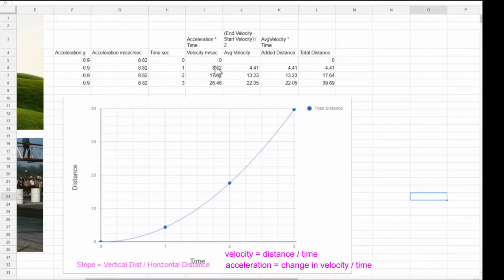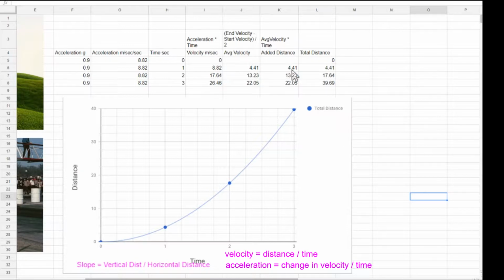And if we look at the velocity at the end of each time interval, you can see what happens. It starts out at 0, and then over 3 seconds, it increases to roughly 26.5 meters per second. Now, if you look at the total distance, which is what's plotted here in blue, it's going up, but it's not going up at a constant rate.